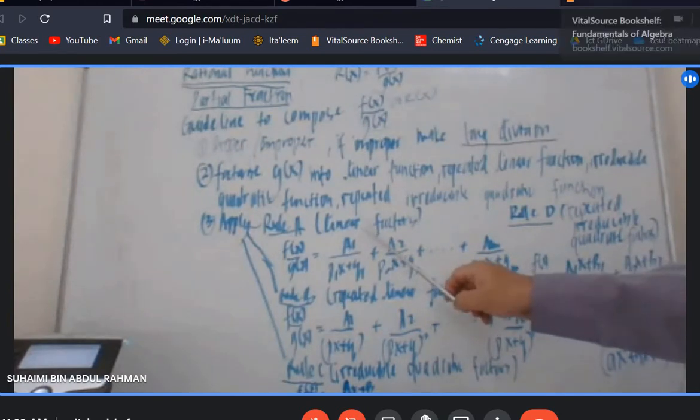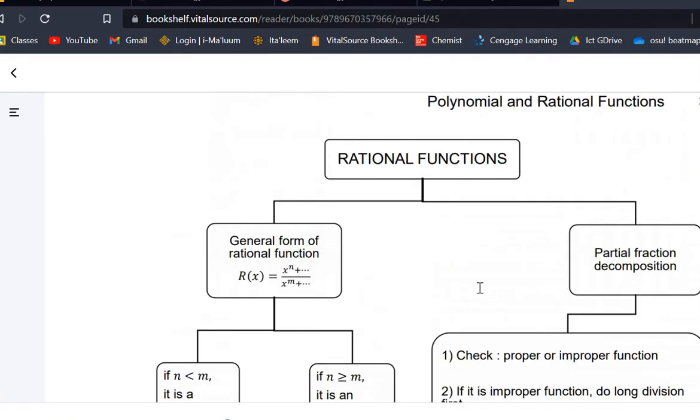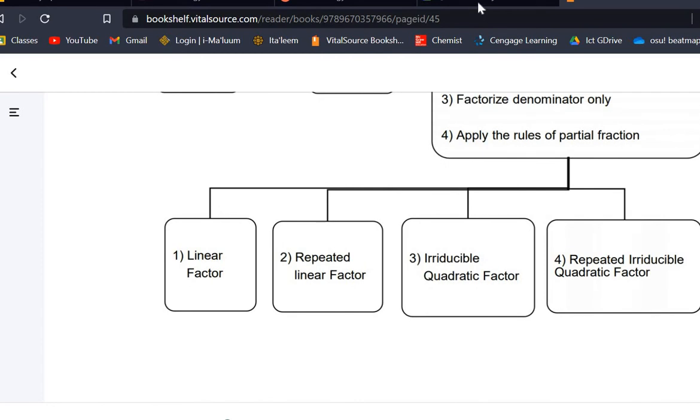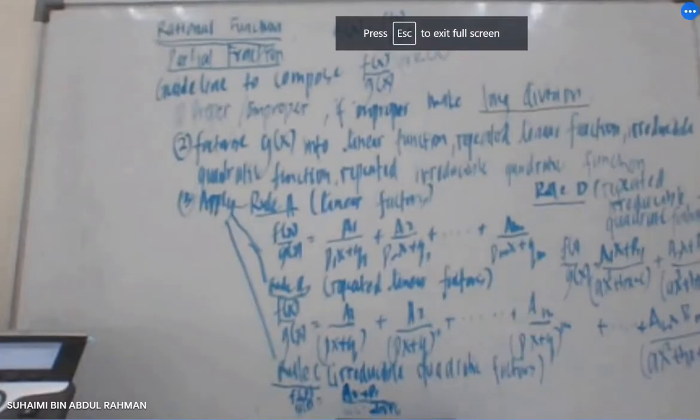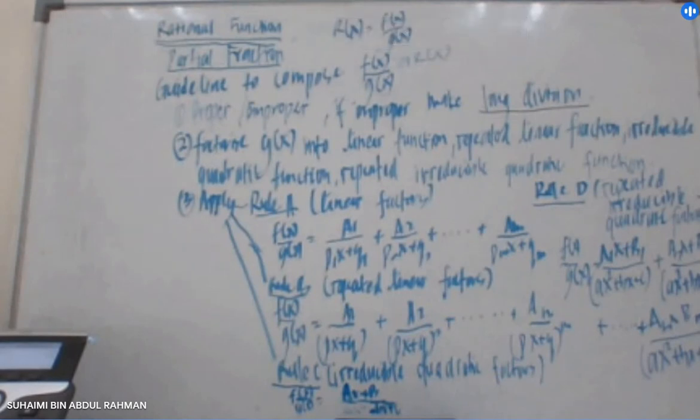It's written as linear factors, repeated linear factors, irreducible quadratic factors, repeated irreducible quadratic factors. So that's the process of decomposition of rational functions using partial fractions.